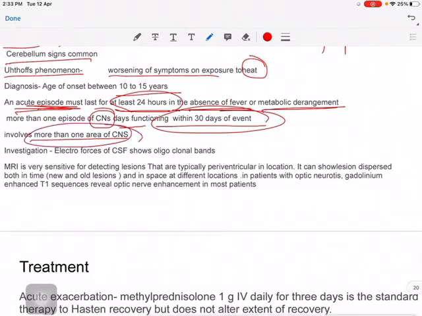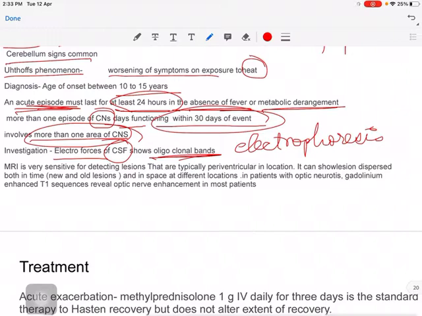and it should involve more than one area of the brain. Investigation, we can do electrophoresis of CSF, showing oligoclonal bands. What are these? Antibodies. MRI is very sensitive for detecting lesions. They are typically periventricular in origin, around the ventricles.